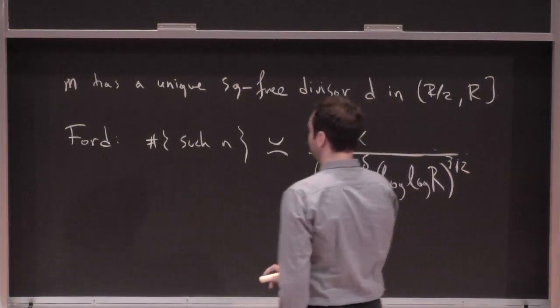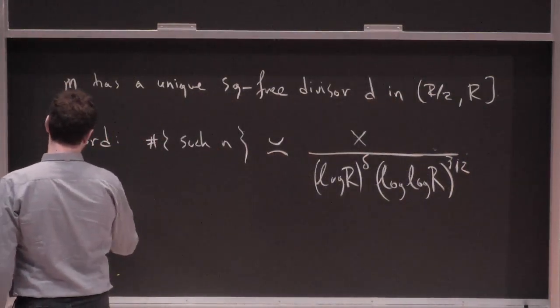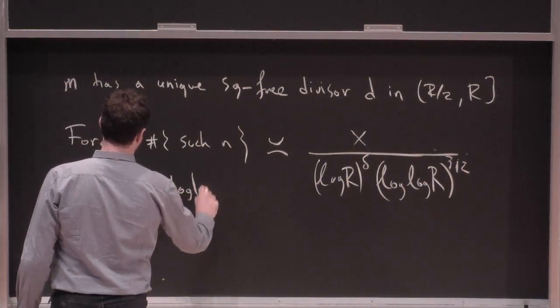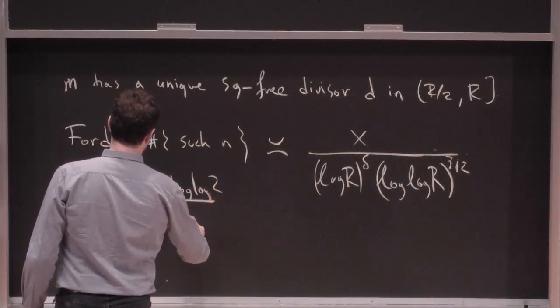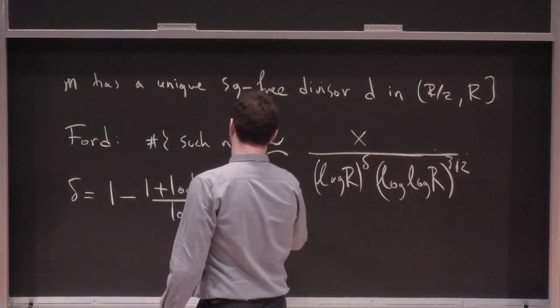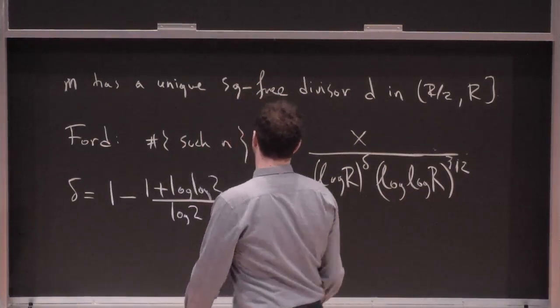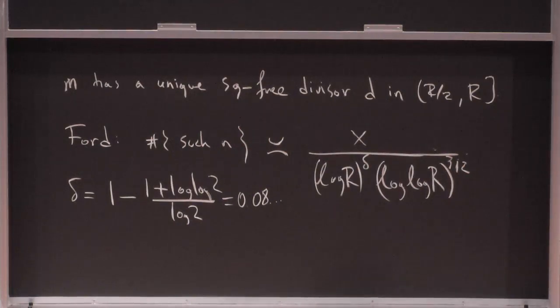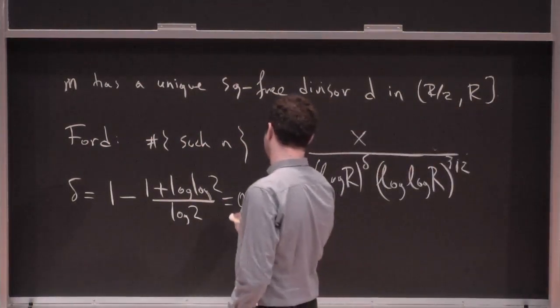And what is this delta? It's this constant given by 1 minus (1 plus log 2) over log 2, which is something like 0.08, and so on and so forth. And what is important, it is less than 1.